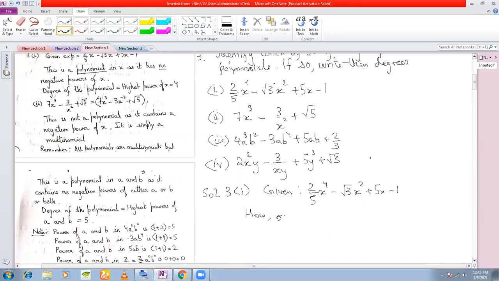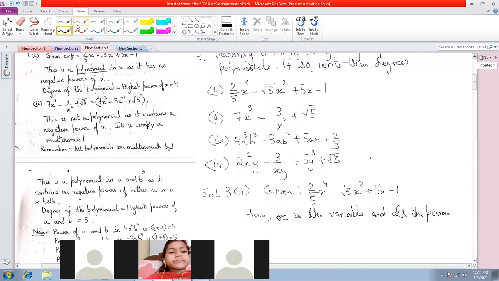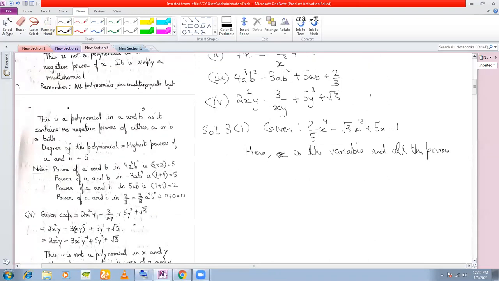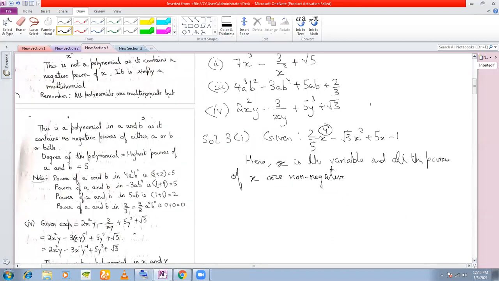Here x is the variable, and all the powers of x are non-negative, isn't it? x to the power of 4 non-negative, x square non-negative, x to the power of 1 non-negative. All the powers of x are non-negative. Therefore, it is a polynomial.